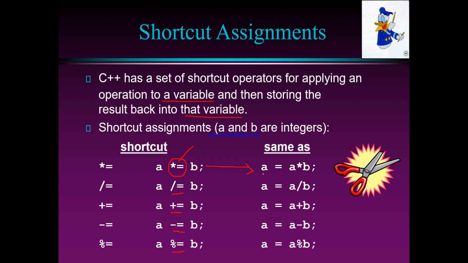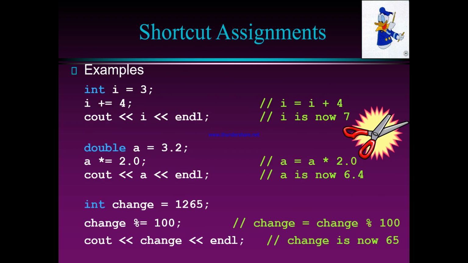Like we want to multiply the value of a with b, and the result of this multiplication should be saved back into a. Similarly, this syntax can be applied to any other kind of operation like division, addition, subtraction, and modulus. Alternatively, these are the two methods that can be written and coded in your program.